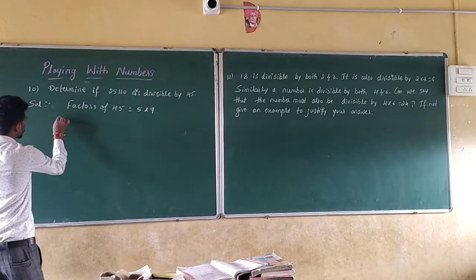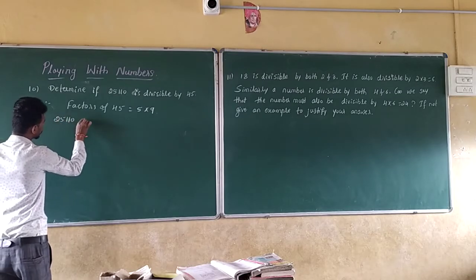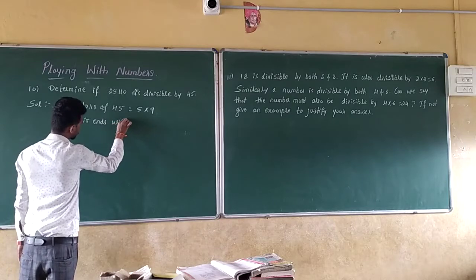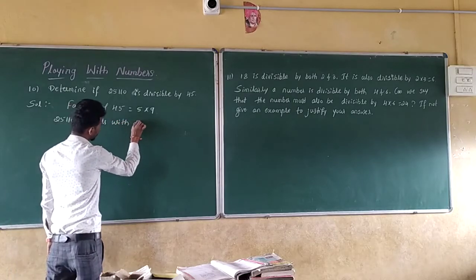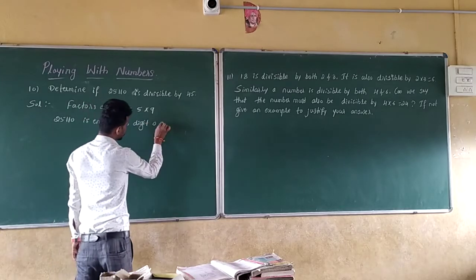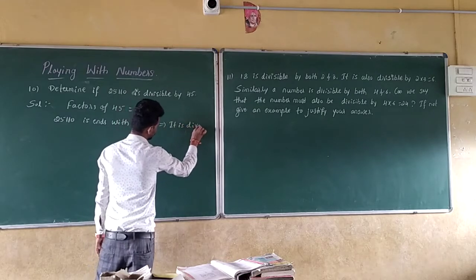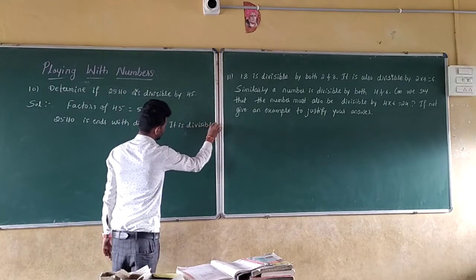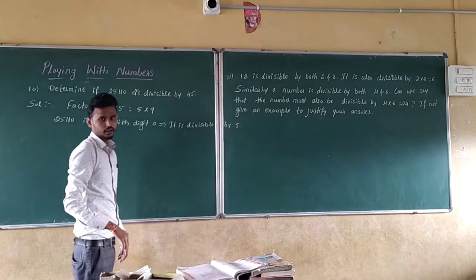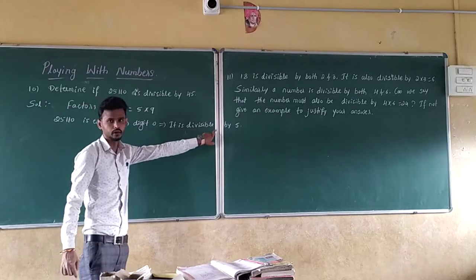Now let us see. 25,110 ends with the digit 0, which means it is divisible by 5. You know that if a number ends with 0, then it is divisible by 5.